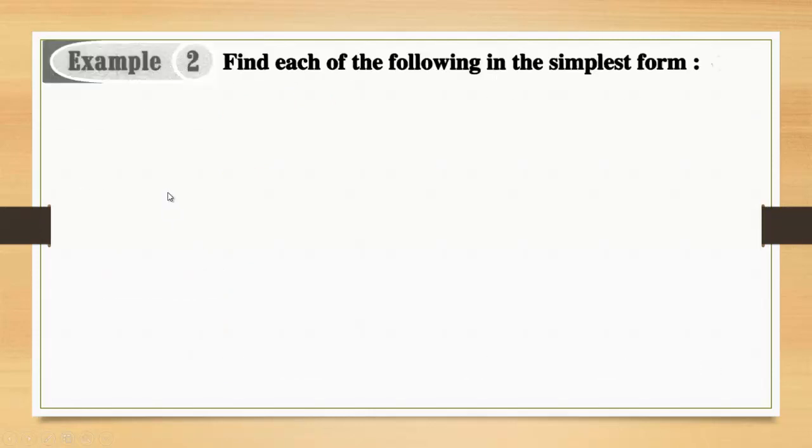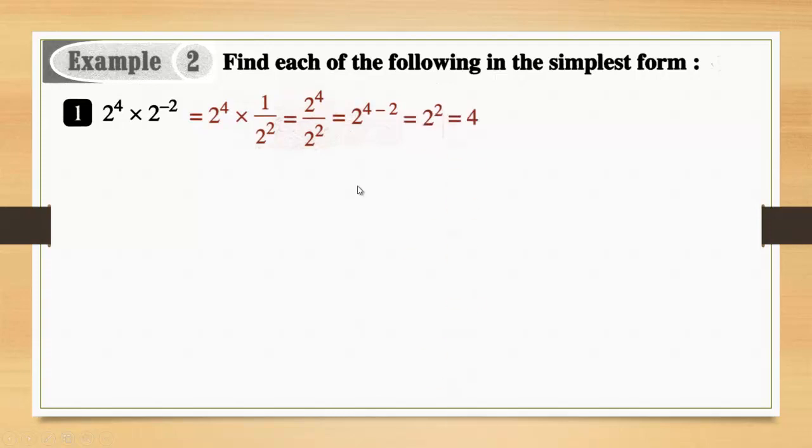Example number 2, find each of the following in its simplest form. Number 1, 2 power 4 times 2 power negative 2. We change the negative power to 1 over 2 power 2, so we get 2 power 4 over 2 power 2. We subtract the powers, 4 minus 2, so that's 2 power 2, which equals 4.